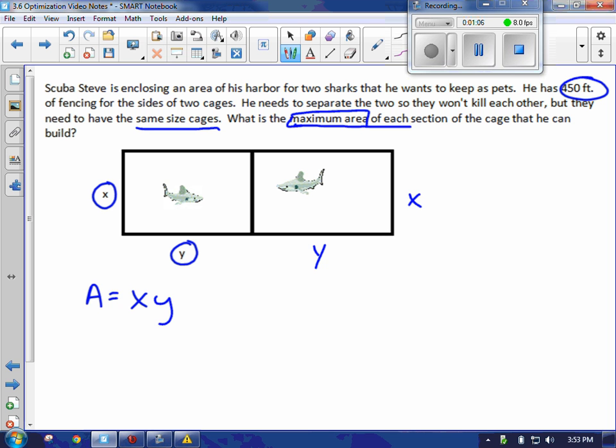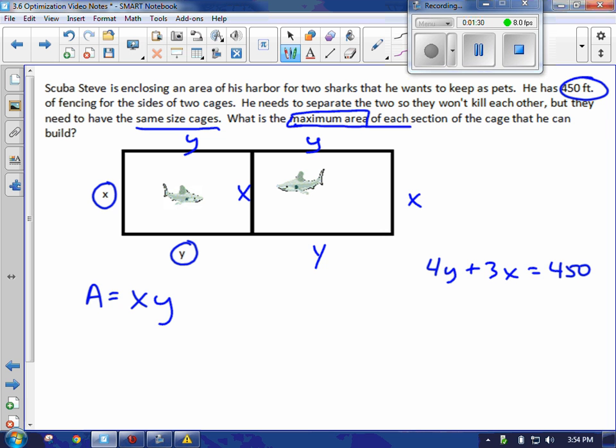Alright, so again, we need to get this in terms of just x or just y. So they tell us that the fencing is 450 feet. So if you look at this, we have the 2 cages, but then they share this x length here. So if you look at how it's drawn out, we have 4 y's and 3 x's, and that equals 450 feet.